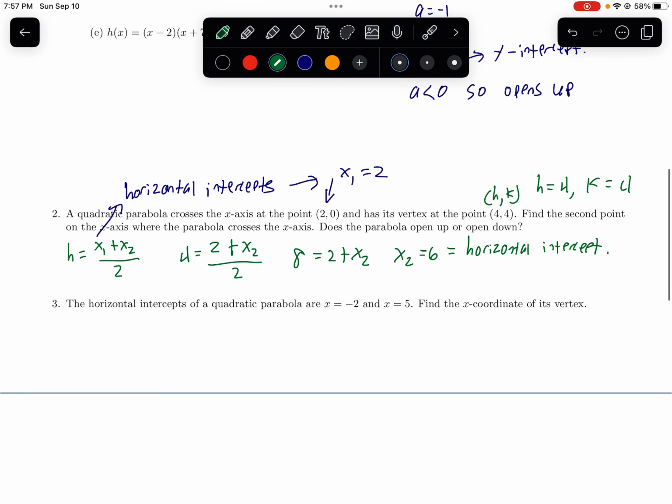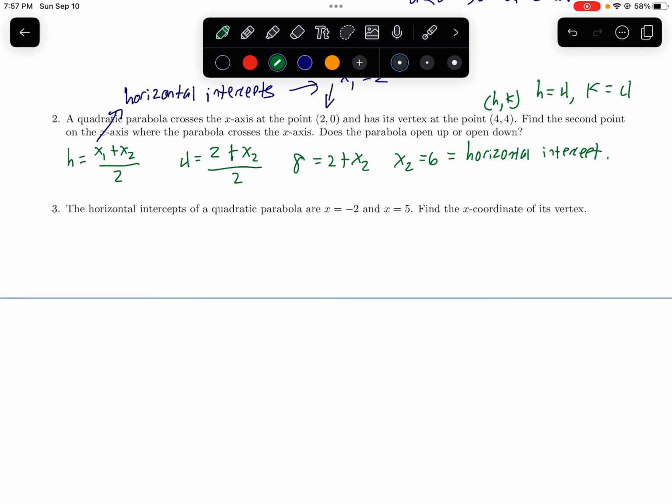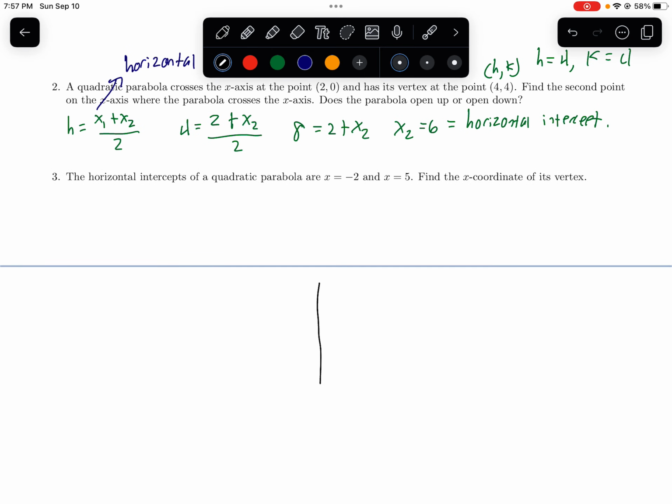And now to answer the question, does it open up or down? You can graph this and make a very rough sketch and see what's happening. So if your vertex is at (4, 4), and you have a horizontal intercept at (2, 0), and we just found that (6, 0) is the other one, you can obviously see that the only possible way the quadratic could go is that it would open down.